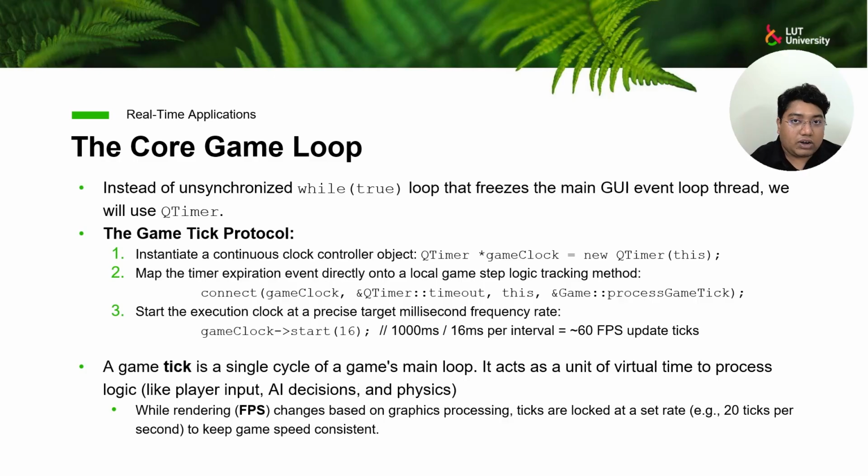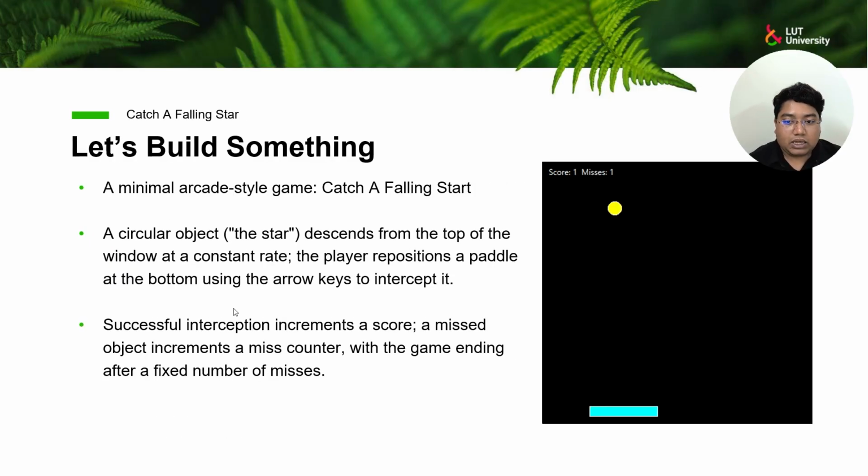The timer generates update events. The event loop continues processing keyboard inputs, mouse events, and repaint requests. Then everything works together smoothly. This design is one of the biggest strengths of Qt. We will use exactly this approach to build our game in this section. Now, let's build something.